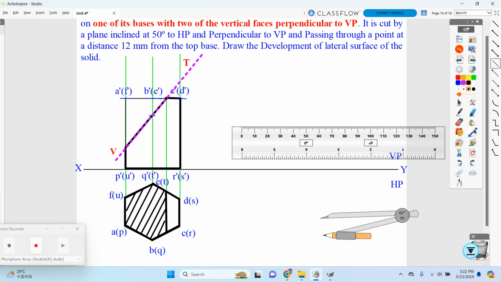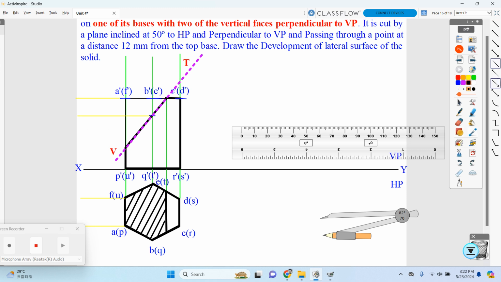Now we can start marking the dimensions. For marking the dimensions we can take yellow lines. Consider from this to this one, then from this plane condition to here, then my cut plane from here.